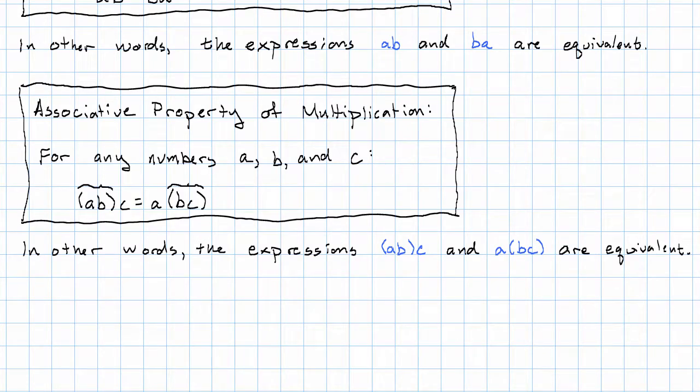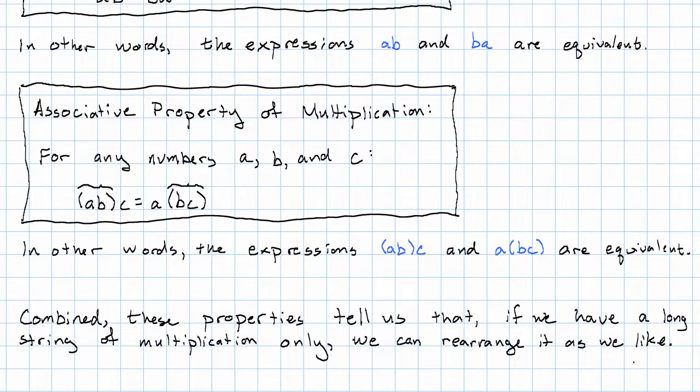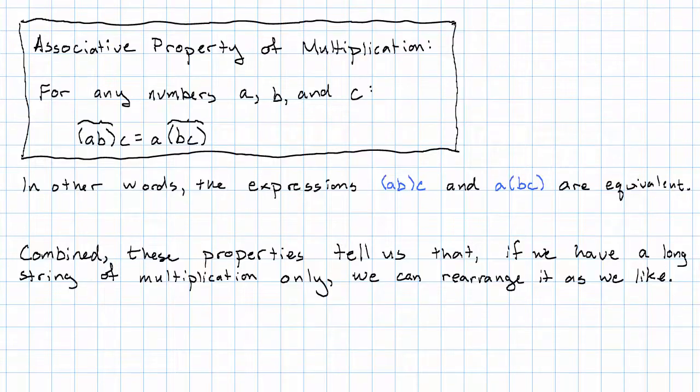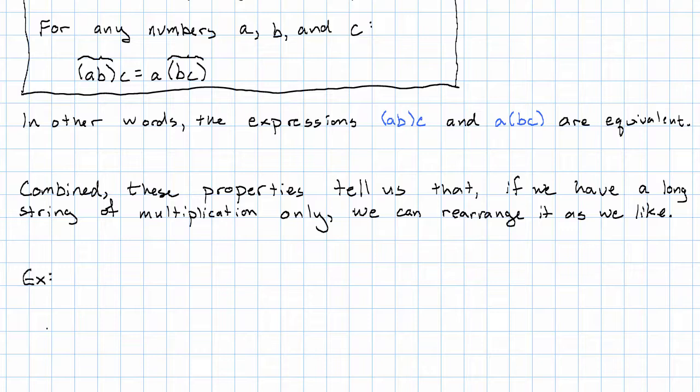Combined, we're going to understand these properties to tell us that if we have a long string of only multiplication, we can rearrange it as we like. So, for example, if we have 2 times 197 times 5, well, we can switch the 5 and the 197 and group the 2 and the 5 together.